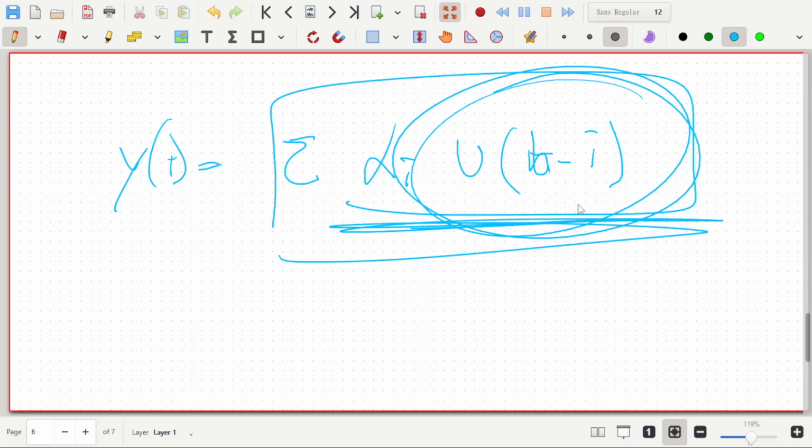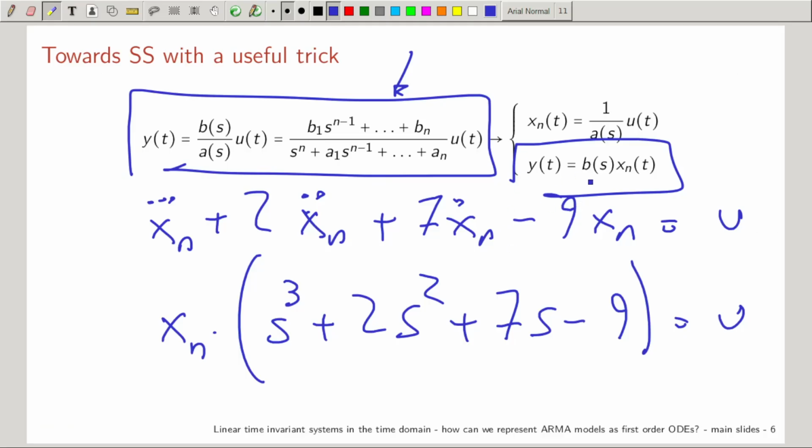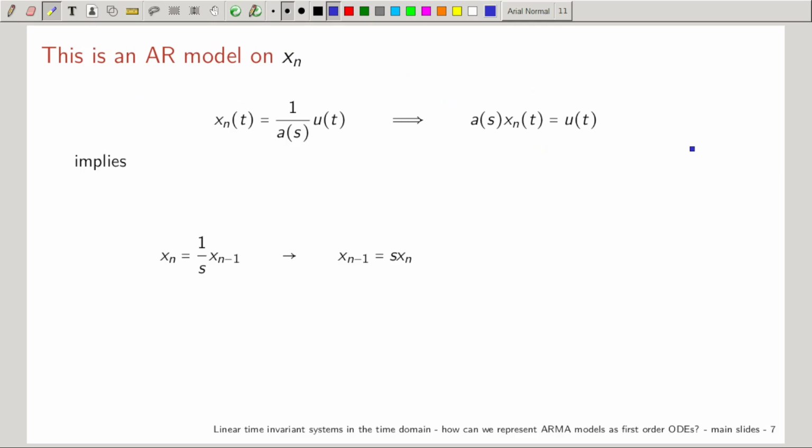Functions of the u's. Are we together on the name, people? This one is a moving average on the u. That is an autoregressive on the y. True? Now, let's focus on this stuff here.